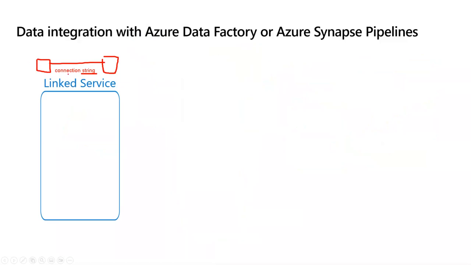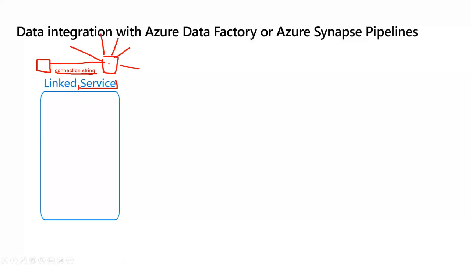This connection string makes the link, and it's called a service because it's quite complex to implement on the back end. They define the information that Data Factory needs to connect to external resources. You have your Data Factory here, and we want to connect to many other external resources.